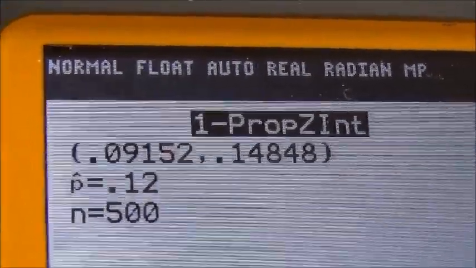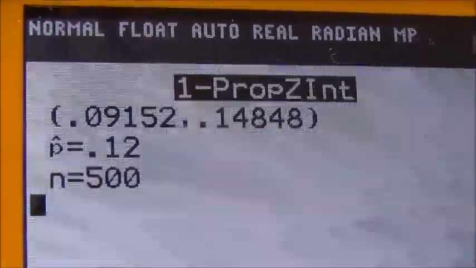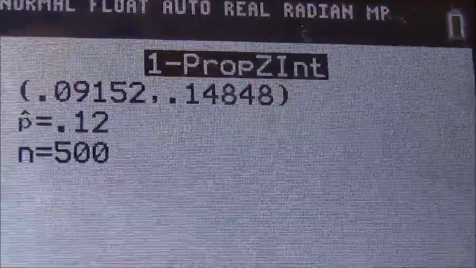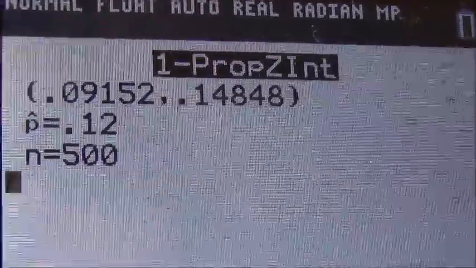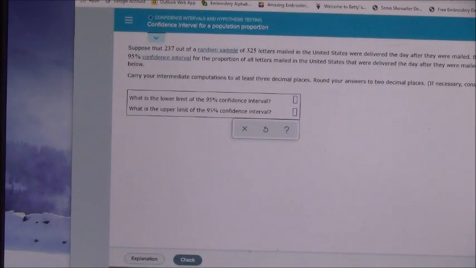And then it also gives me my confidence interval, which is 0.09152 to 0.14848. We are rounding to 3 decimal places, so 0.092 to 0.148. I'm going to write those down. P hat was 0.12.